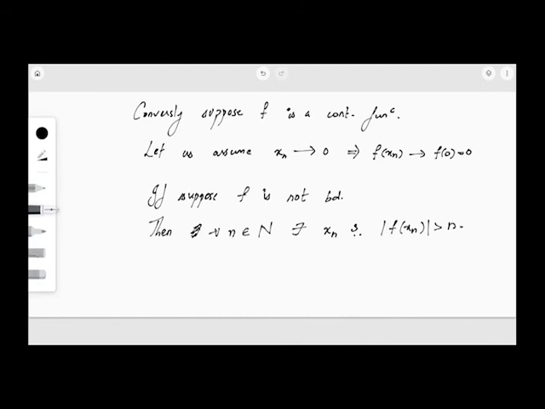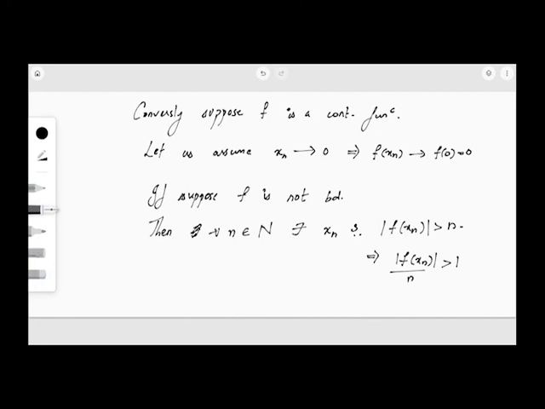So that is for every n we can find some xn such that modulus f of xn is greater than n. So from this inequality, what can we get? We can get that mod f of xn by n is greater than 1, right?